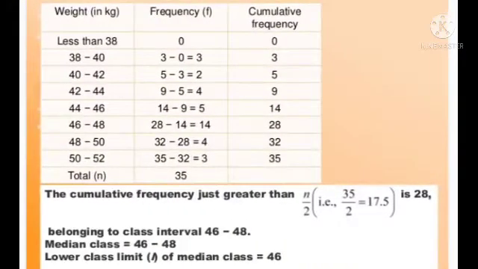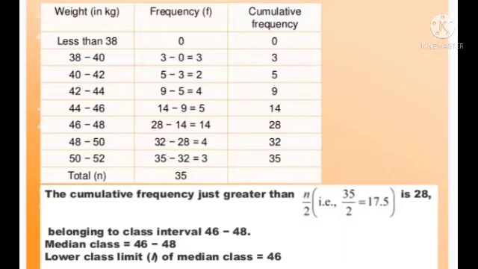We have the table as follows. The cumulative frequency just greater than n upon 2, that is 35 by 2, equal to 17.5, is 28, belonging to the class interval 46 till 48.